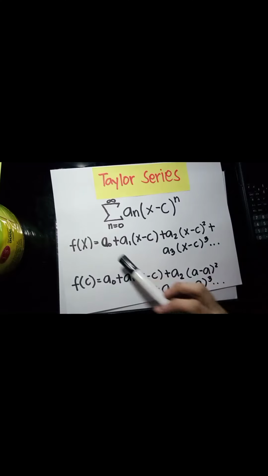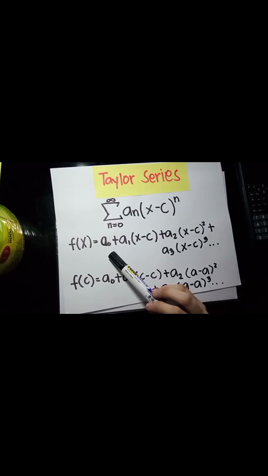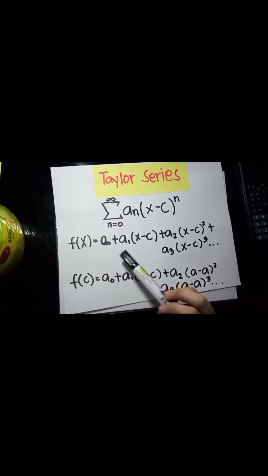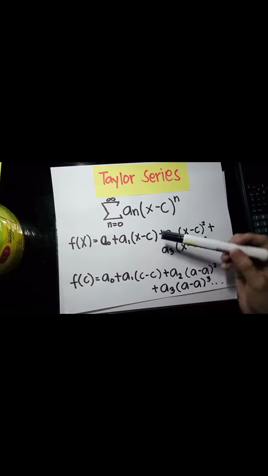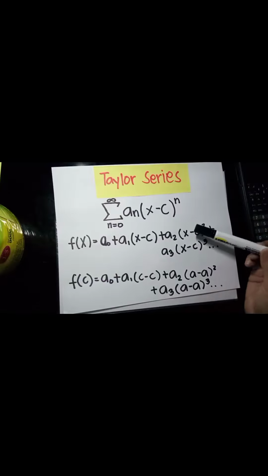So f of x equals a sub 0 plus a sub 1 of x minus c plus a sub 2 of x minus c raised to 2 plus a sub 3 times x minus c raised to 3, and so on.